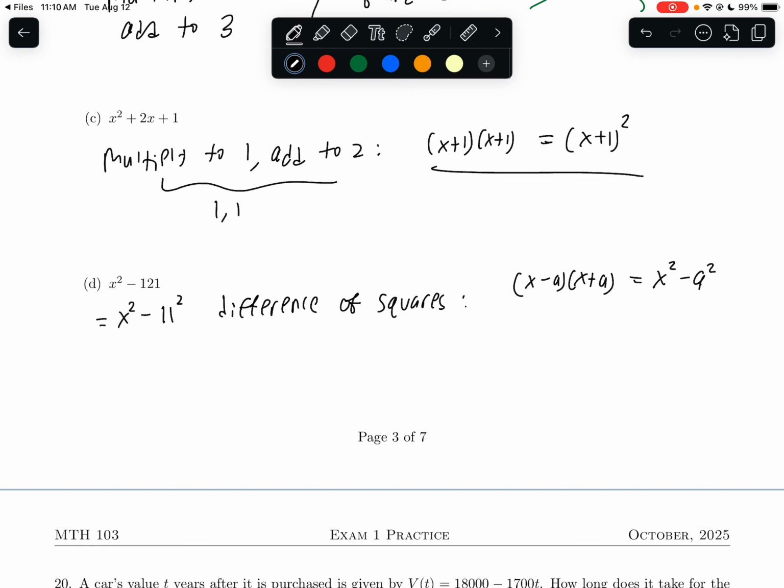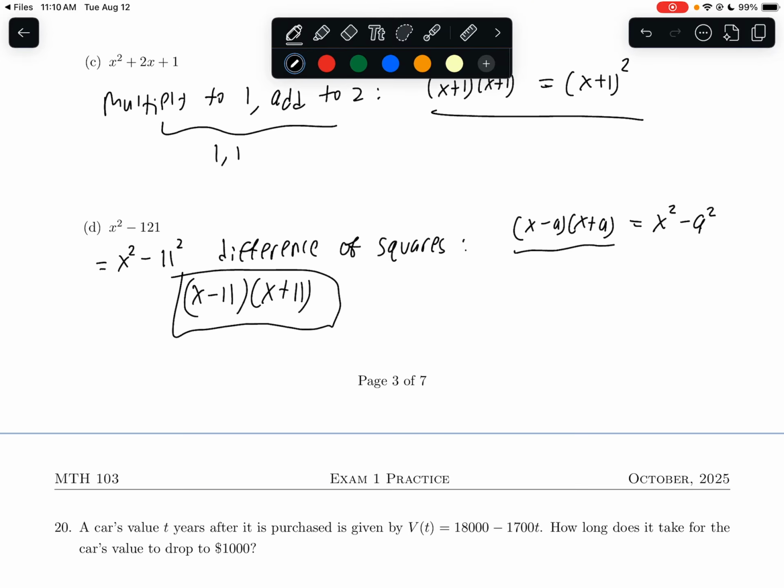So if you have a difference of squares, meaning you subtract, a difference of two square numbers, you already know what the factorization is. So here this would be x minus 11 and x plus 11.